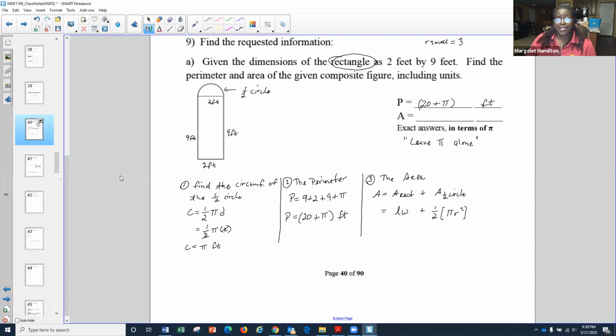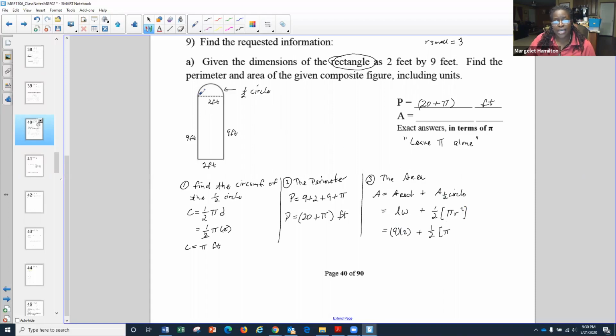Now, let's go ahead and fill it in. We need our length and our width for our rectangle. We know that's 9 and 2. So 9 times 2 plus half a circle. And what's the area of our circle? We have pi. And then we need a radius.